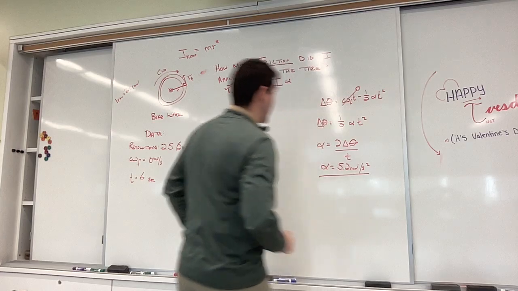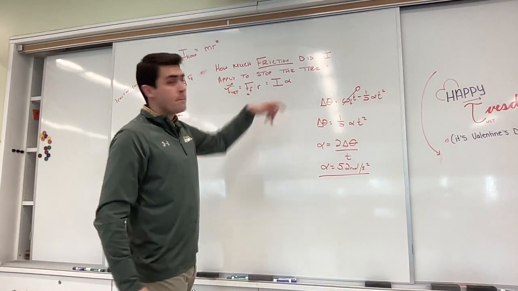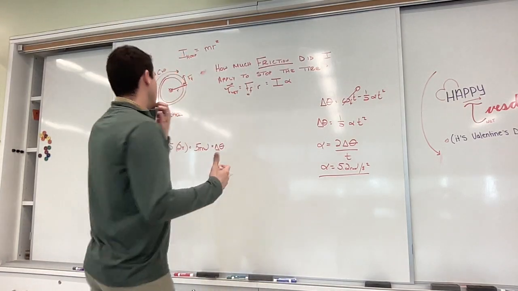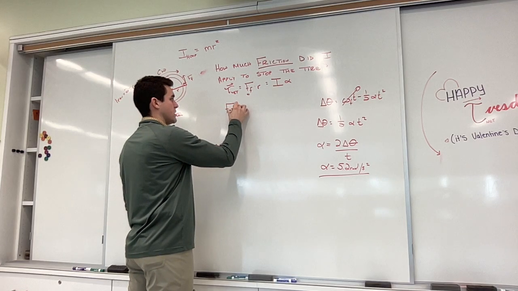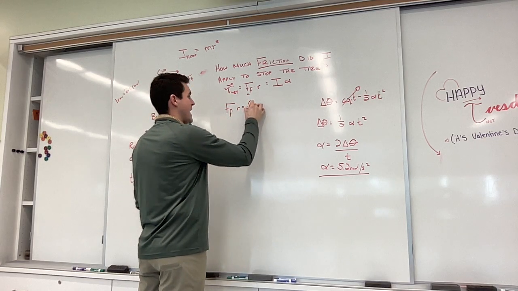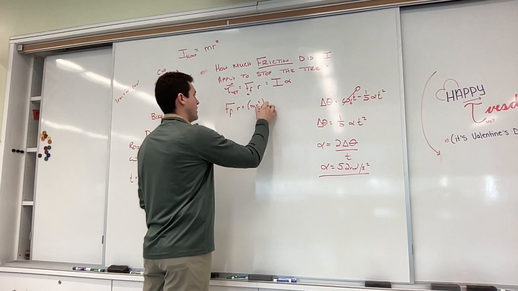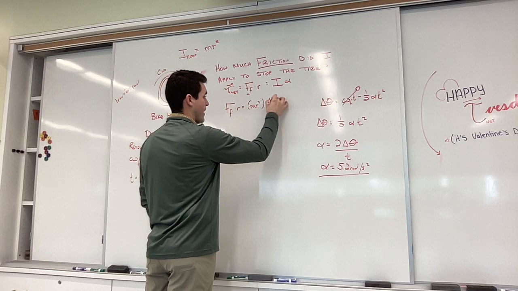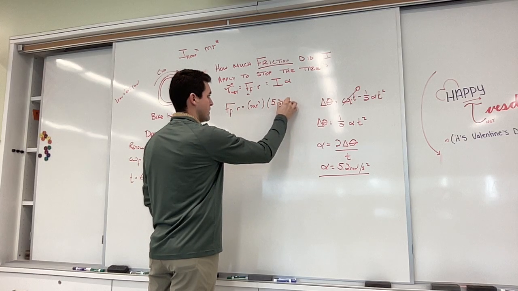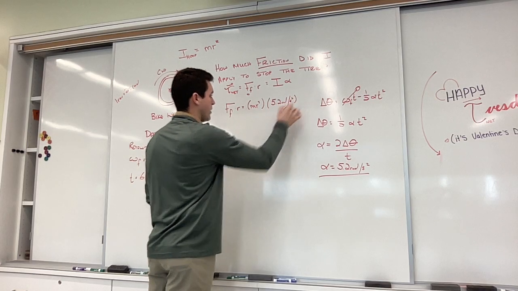That's not an answer, but that is a piece of my puzzle. It helps me figure this out. So then I'm left with, if I rewrite this equation, force of friction times r equals mr squared times alpha, which is now 5.2 radians per second squared.